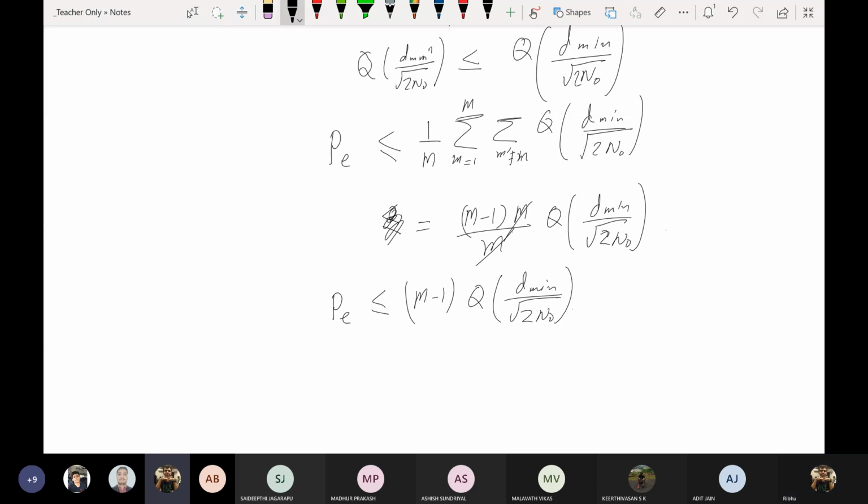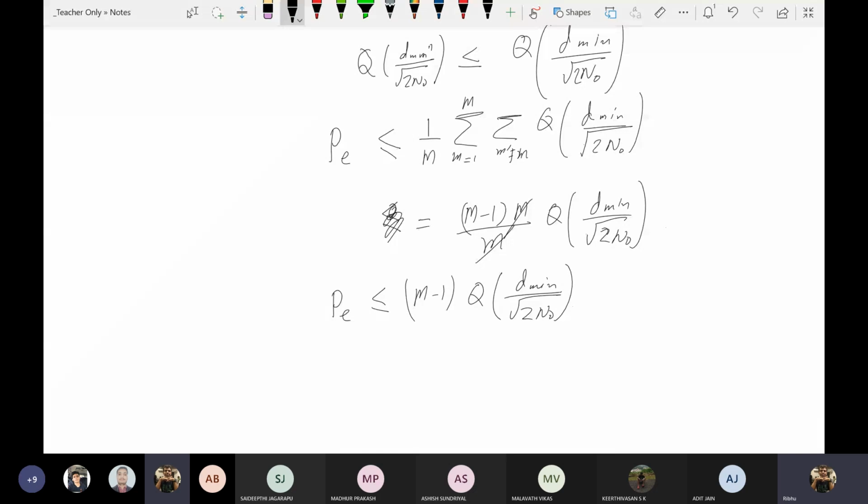So is the probability of error expression simple enough now? But if we want to push the envelope further, we can simplify it even more.